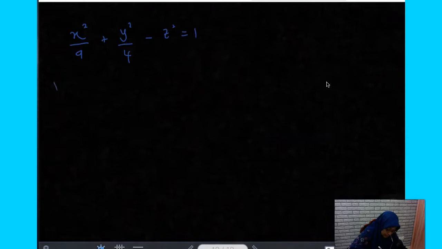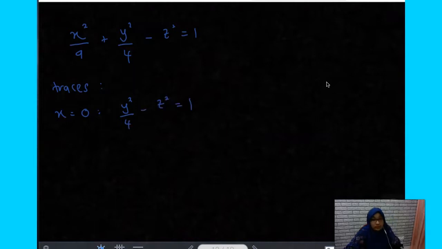So the trace at x equal to 0, then we have y squared over 4 minus z squared equal to 1.